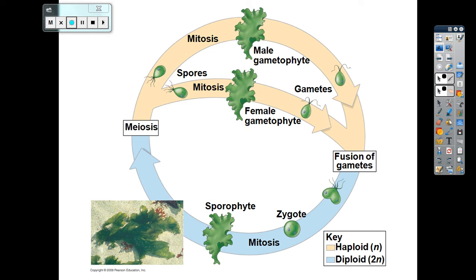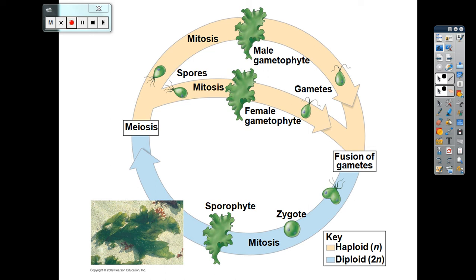It's not always the case, but this time it is. Then those haploid organisms, which are called gametophytes, go through mitosis to produce gametes. Since they're already haploid, their cells are haploid, so they produce the gametes, so they're called gametophytes.